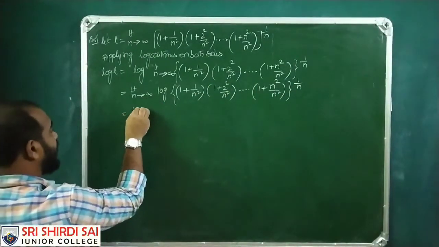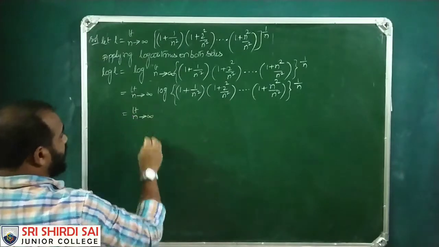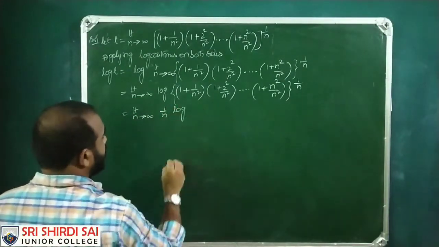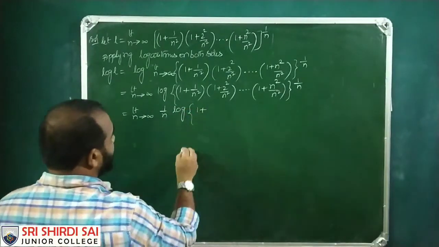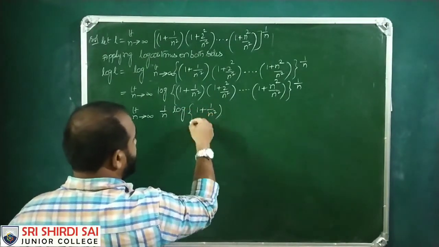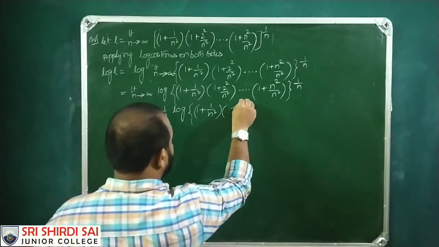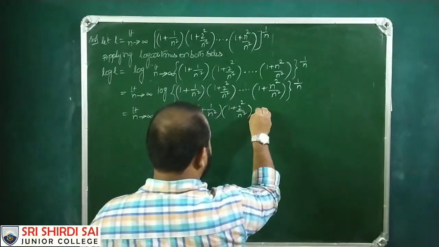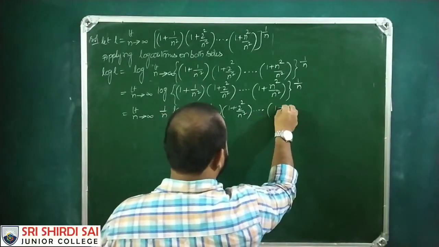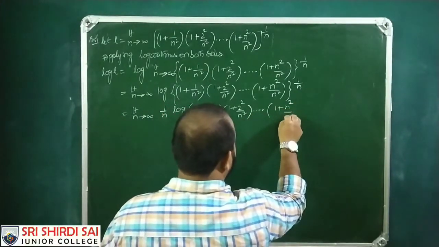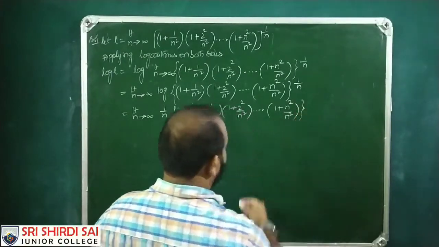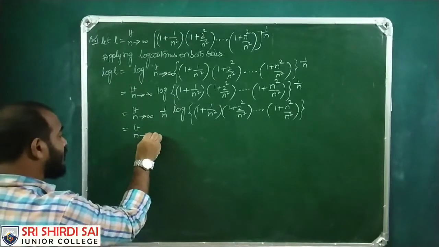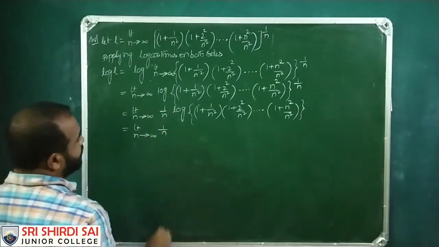So the limit as n tends to infinity of 1/n log of [(1 + 1/n²)(1 + 2²/n²) ... (1 + n²/n²)].